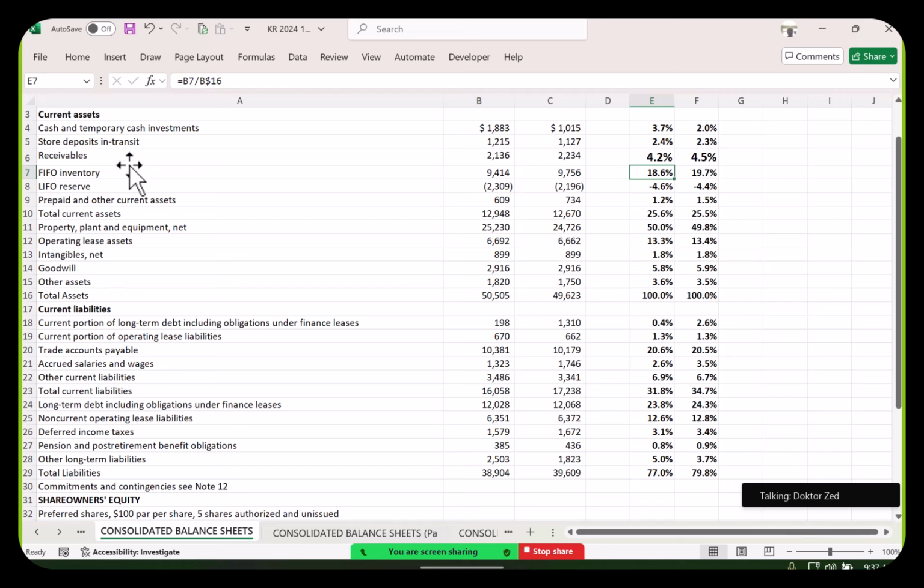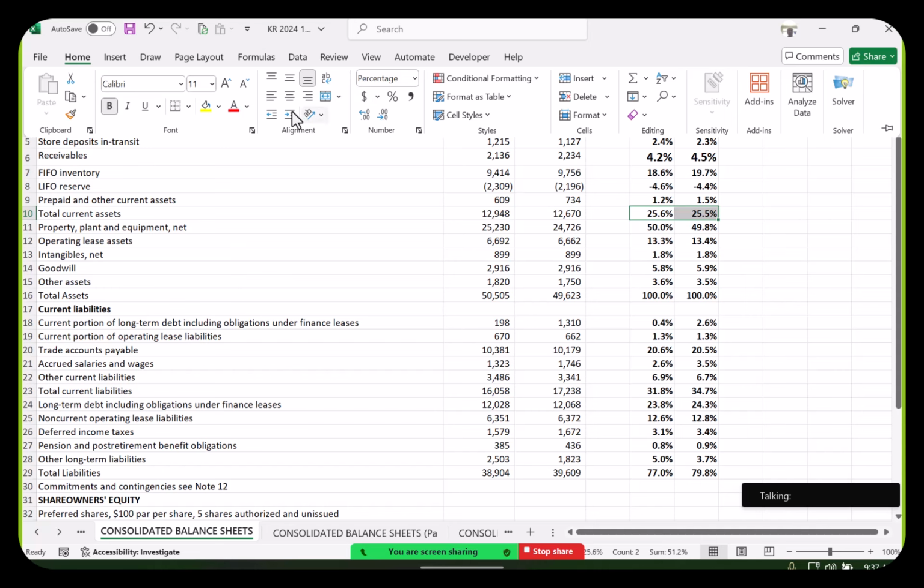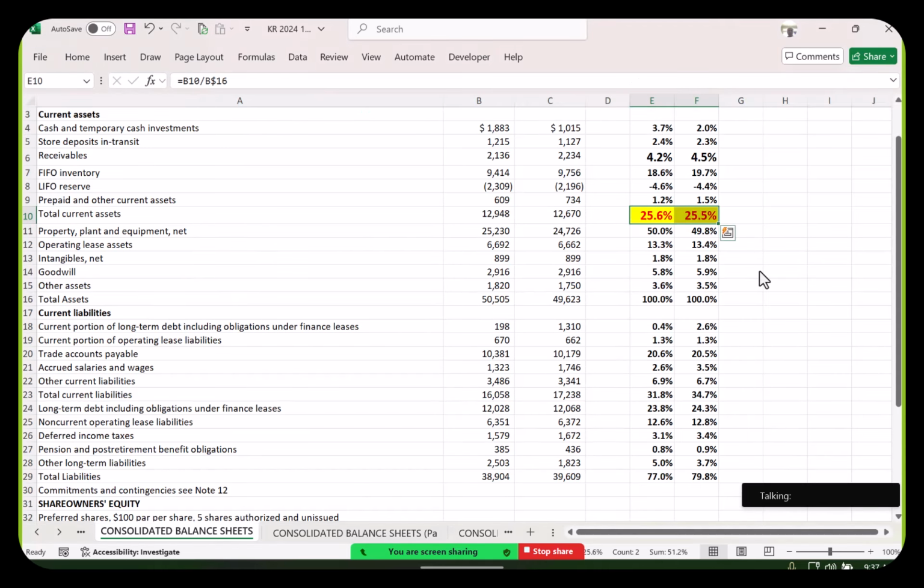That's the total current assets. So on and so forth. Okay. We'll use other ratios to make comparisons of things like inventory and stuff, but then we could say other things.